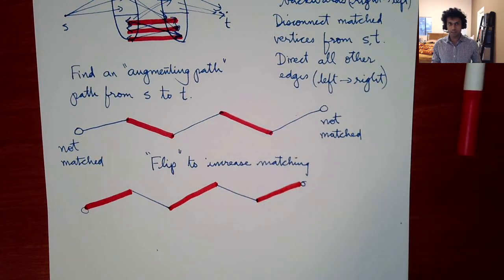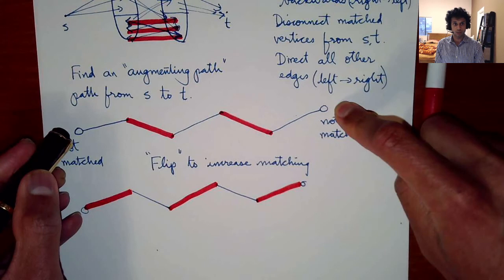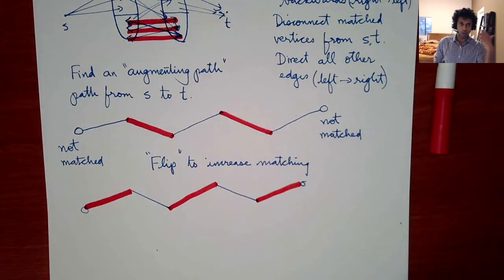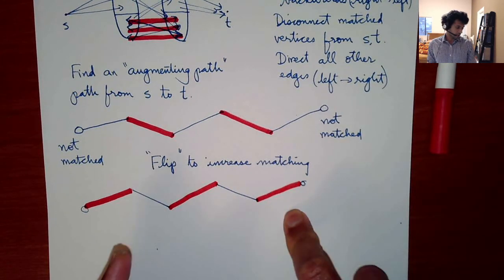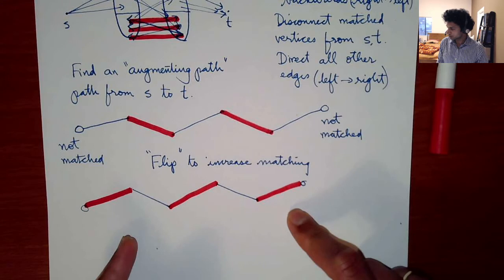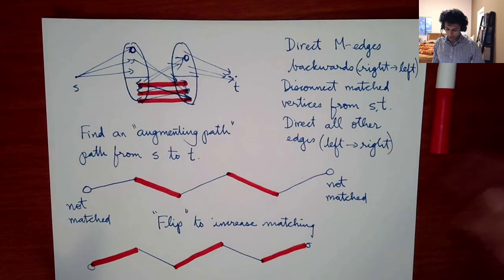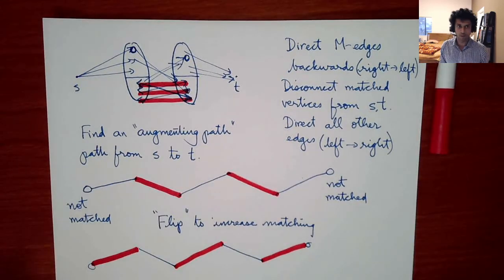Now note that instead of there being 2 matched edges, now there are 3 matched edges. And I preserve the fact that this is a matching. These 2 were not matched before, now they are matched, and everything else stays as it was. Every other vertex that was matched remains matched. This flip has increased the matching. And so whenever you can do the flip, you increase the matching, you change M, and then you repeat. This is the Ford-Fulkerson algorithm unpacked. Any questions?